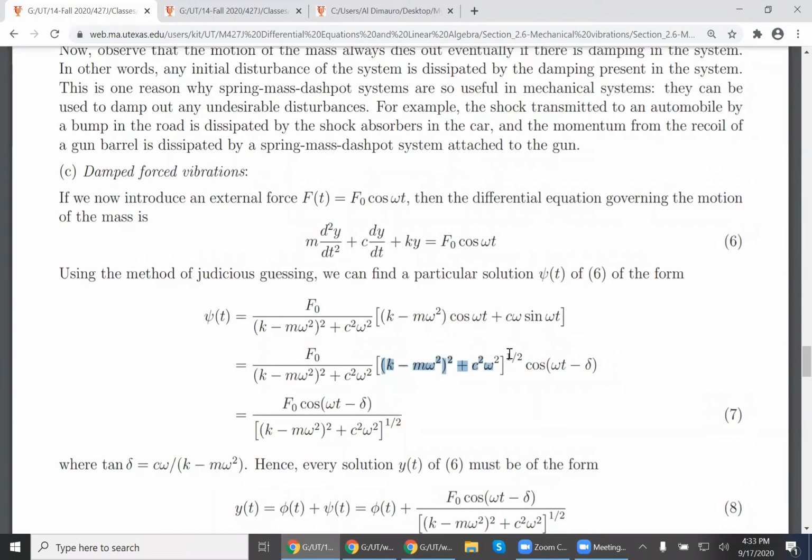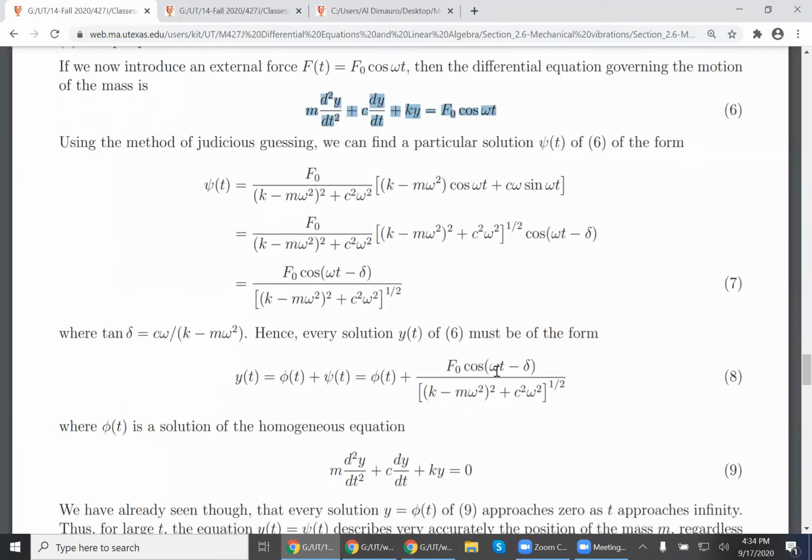Over here we have this expression to the power 1/2. Over here we have this expression to the power 1. After the cancellation, we get the same expression in the denominator to the power 1/2. On the top, we multiply f0 times cosine. So this is a particular solution of our equation.